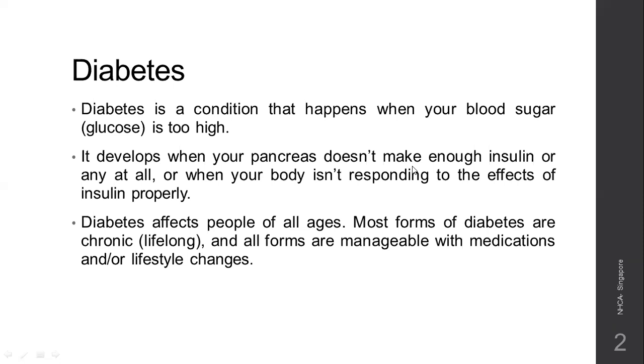Okay, so that's the reason why there are two different types of diabetes. Diabetes affects people of all ages. Most forms of diabetes are chronic, lifelong, okay, and they all are manageable. You can lead a healthy life with diabetes, with medication and some lifestyle changes.